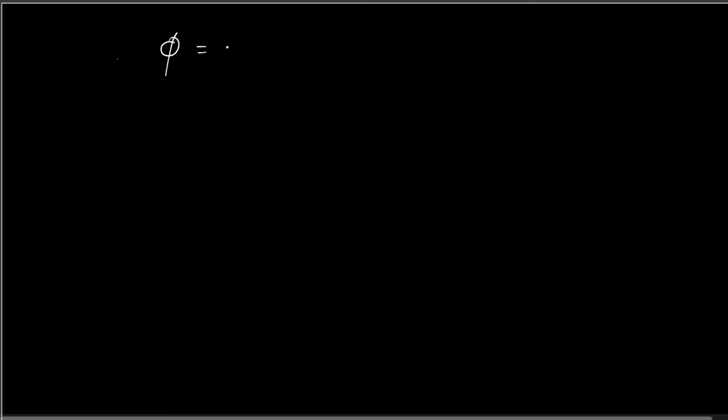Next slide. The flux is nothing but the integration of E vector. E vector is 3 by 5 E naught i cap plus 4 by 5 E naught j cap. It is basically an NCERT question.